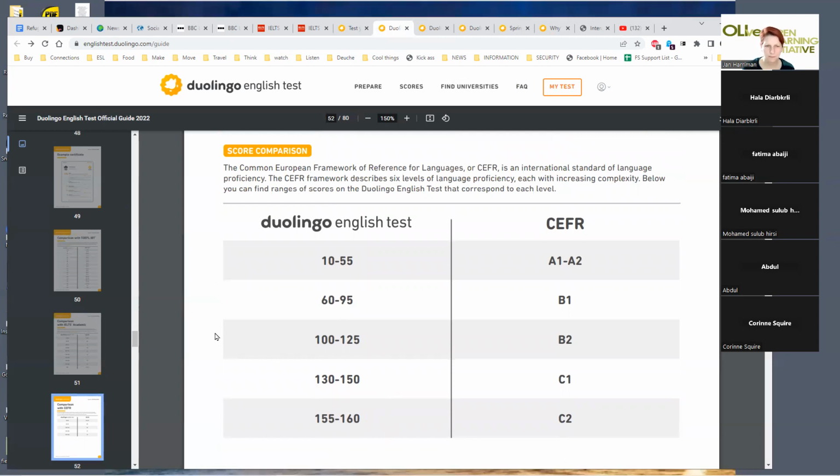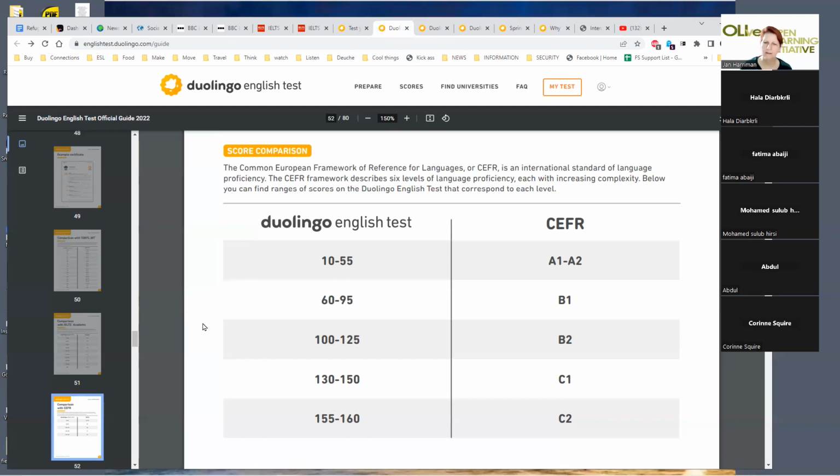The reason I was interested in this, I had another kind of exam. It was almost the same. It was given to me by one of the employers, and it was called the EF SET. The score I got also had a comparison on the certificate for CEFR. In CEFR, it was equivalent to C1.